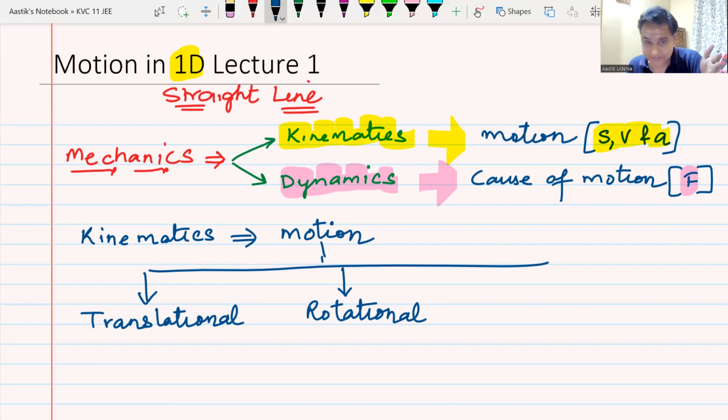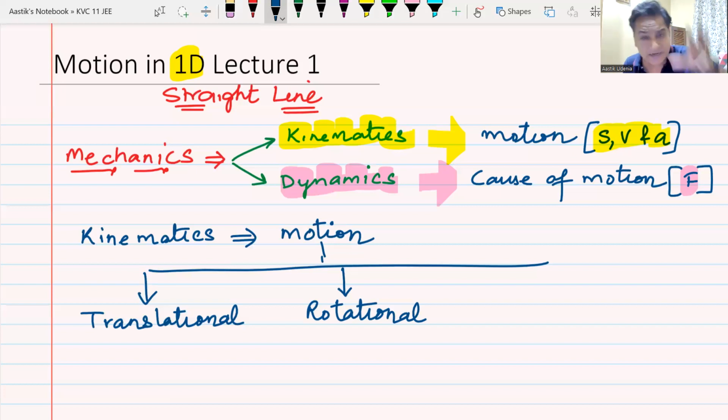Now, when I talk about a translational motion, if I have a flat block moving on a road, which is a question that we are going to solve many a times, or a car or a bike moving on a road, the motion of the entire car or the entire bike is pure translation.